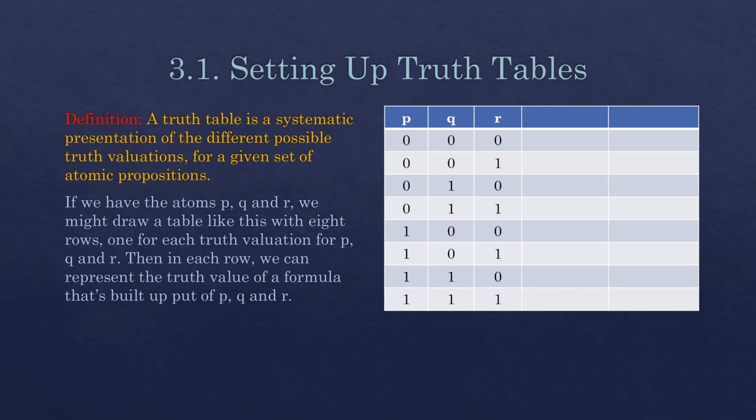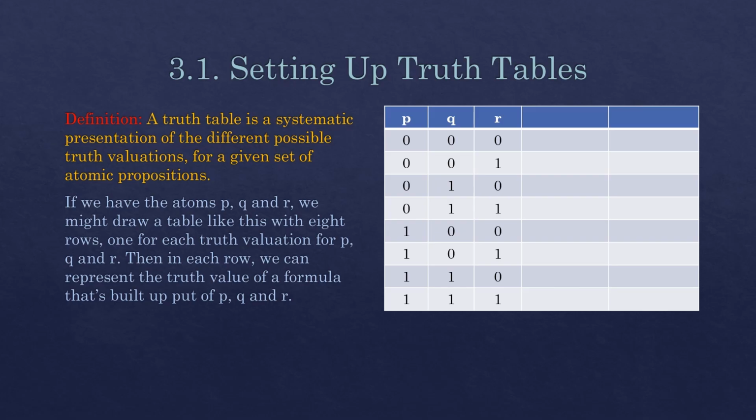And in the truth valuation of the last atomic proposition, the R, we should change the sequence. We should write 0 and 1, 0 and 1, 0 and 1, up to the last evaluation.